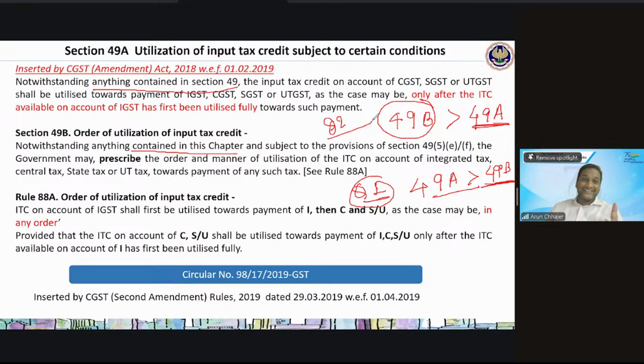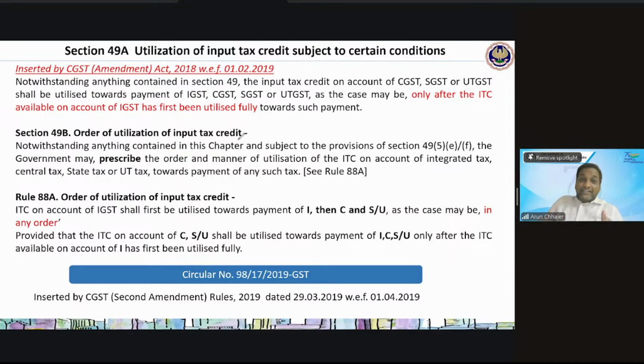The answer is yes. Meaning thereby, who is bigger? 49B, because it overrides the entire chapter and the 49A comes into the ITC chapter. 49B overrides the entire chapter and therefore it overrides 49A also.